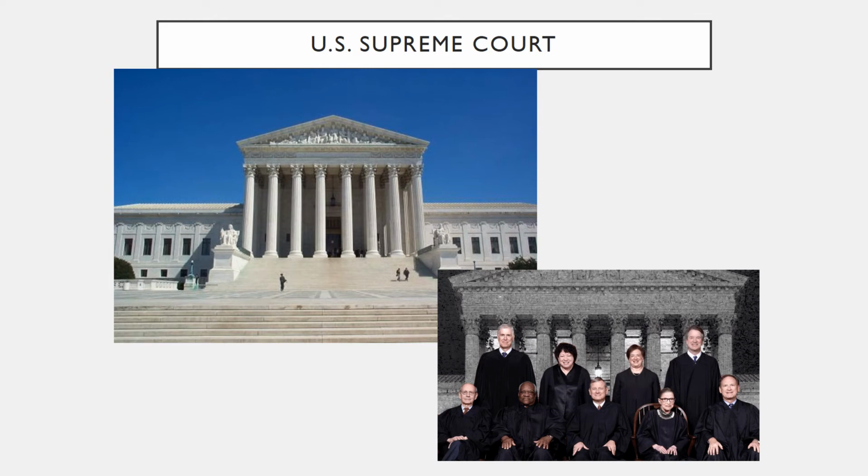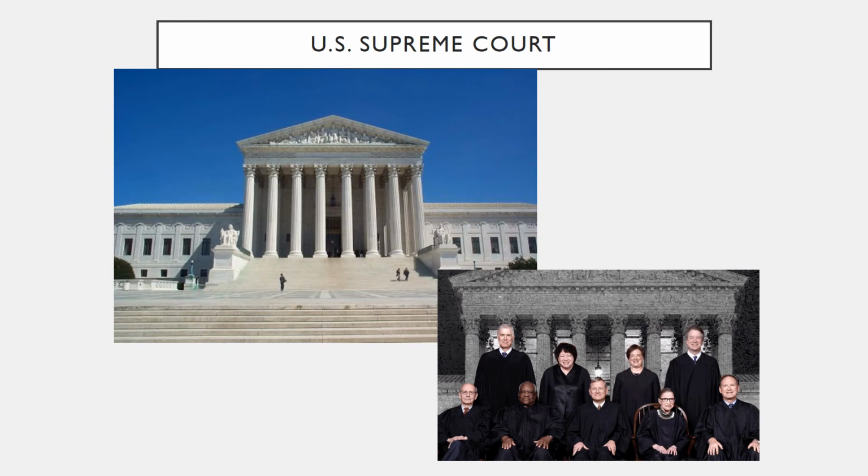Of course, the highest federal court of appeals that we have is the U.S. Supreme Court. It's a 9-member court. You know all the logistics of it. They meet in this building, and they hold their position for life, or until they decide to retire. They can be impeached, although it rarely happens.